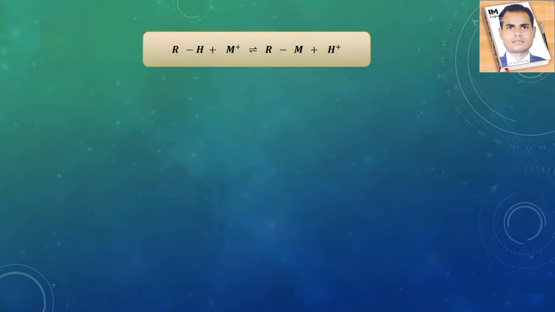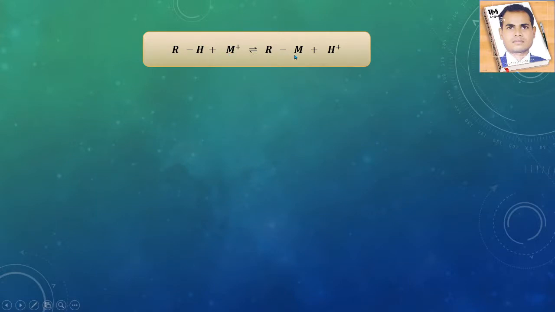The first reaction is like this: RH plus some metal M will be there, so RH will dissociate.